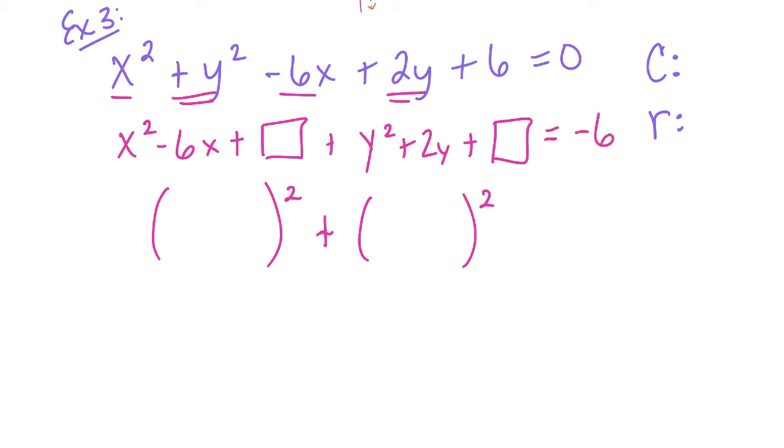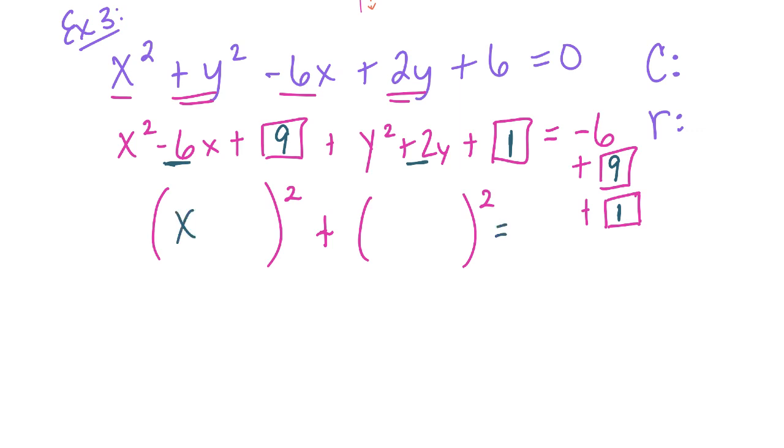I want to get the 6 over here, but remember I completed 2 squares. So let's complete the square. Half of 6 is 3. 3 squared is 9. What I add to one side, I add to the other. Half of 2 is 1. 1 squared is 1. What I add to one side, I add to the other.